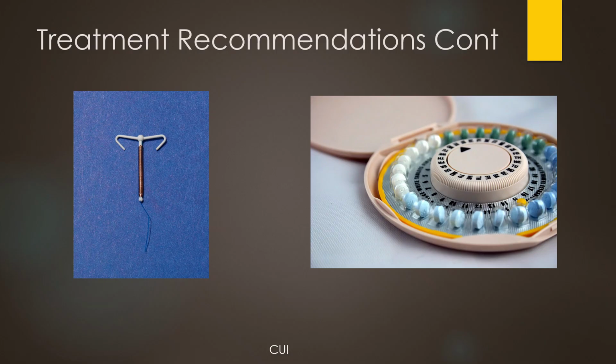Again, you can't just treat all patients as a one size fits all thing, mainly because we need to treat the patient. Some patients can't tolerate hormonal contraceptives. Sometimes they come with an increased risk of blood clots, or some patients just don't tolerate the pill, and we don't want to endanger our patient's life.